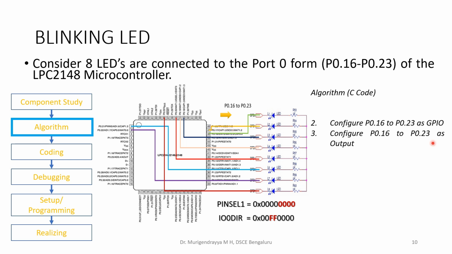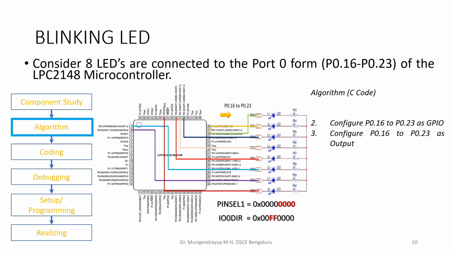The next step is to turn all the LEDs on. To make the LEDs on, we have to make the LED operate in forward bias. To do this, the output value of the pin should be 0.